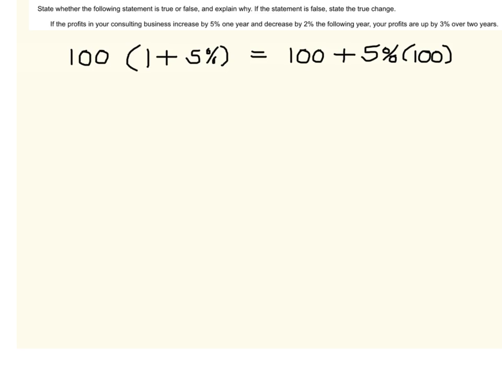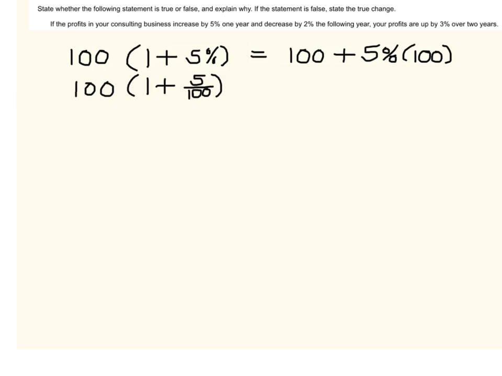Now let me write this again. This is 100 times 1 plus 5%, and 5% means over 100, so it's 5 over 100. That's another way of writing percent.